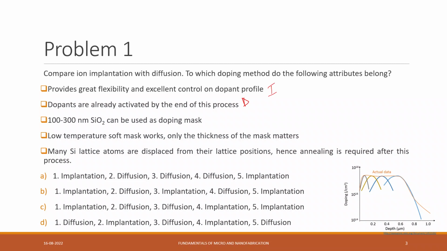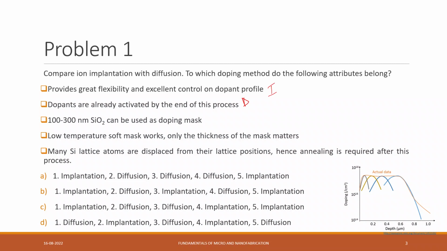One of you says it's implantation, another says diffusion. For diffusion we can use silicon oxide as a mask because the rate at which the dopant diffuses in silicon oxide is very slow, compared to silicon. The same is not true for implantation.